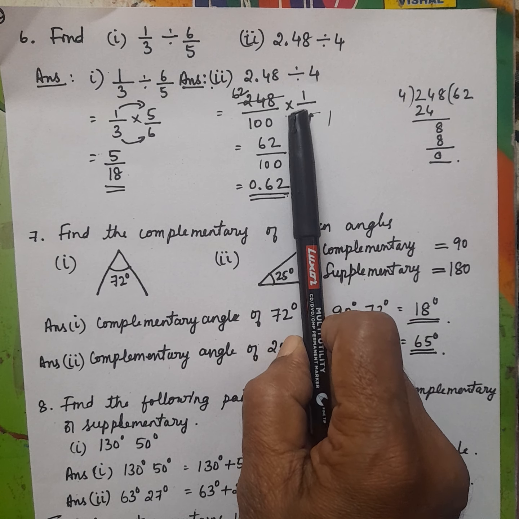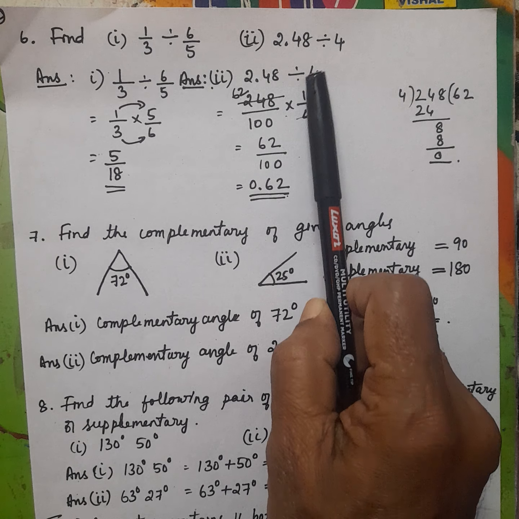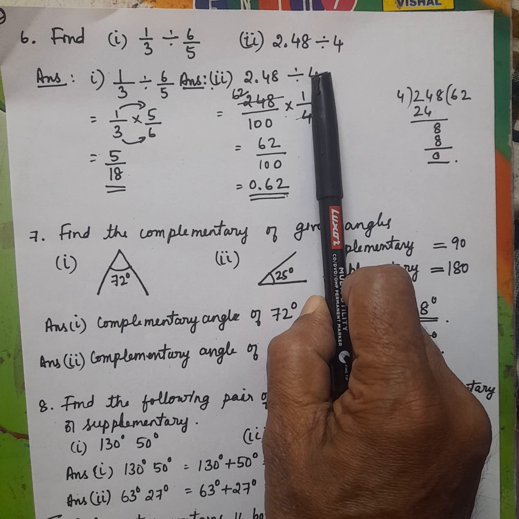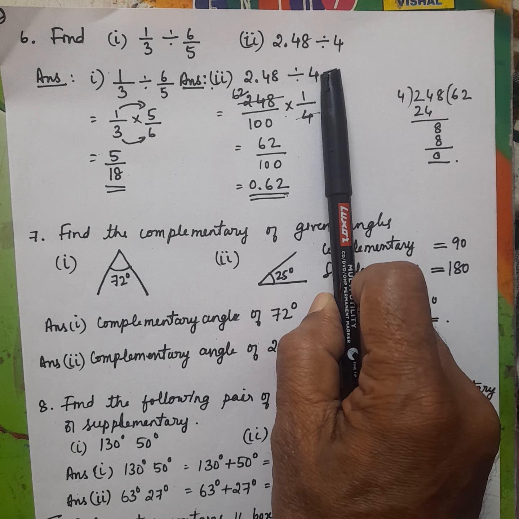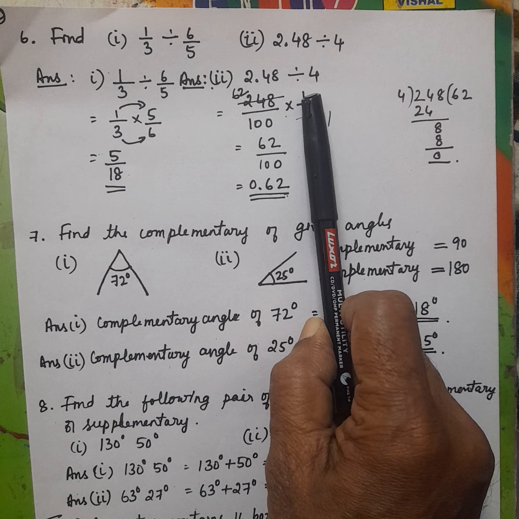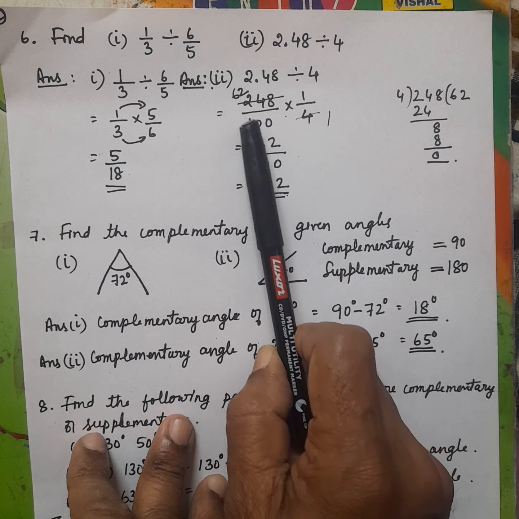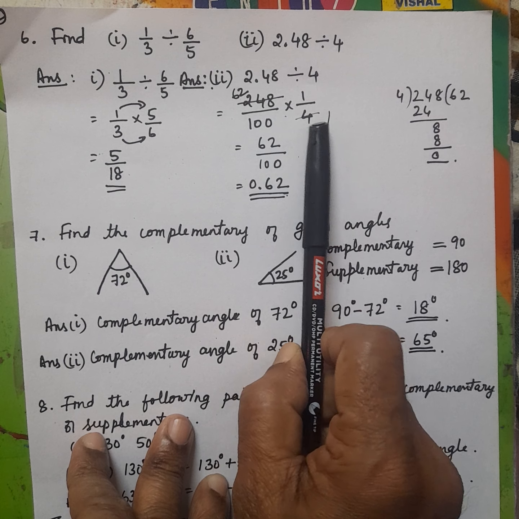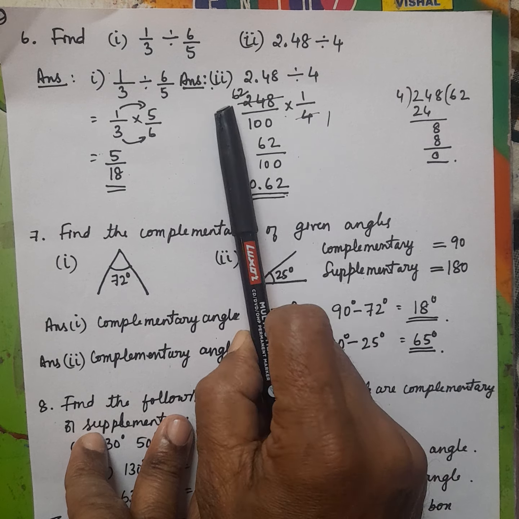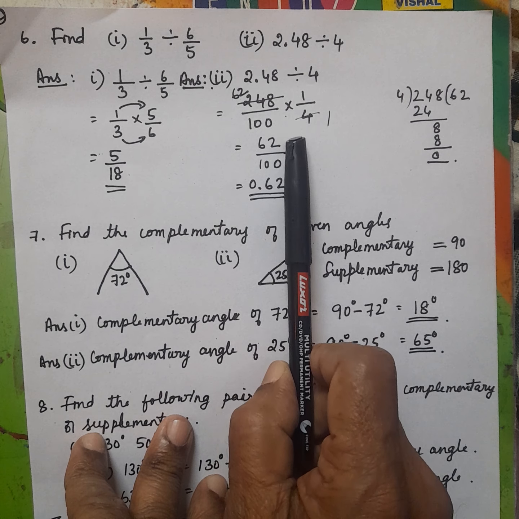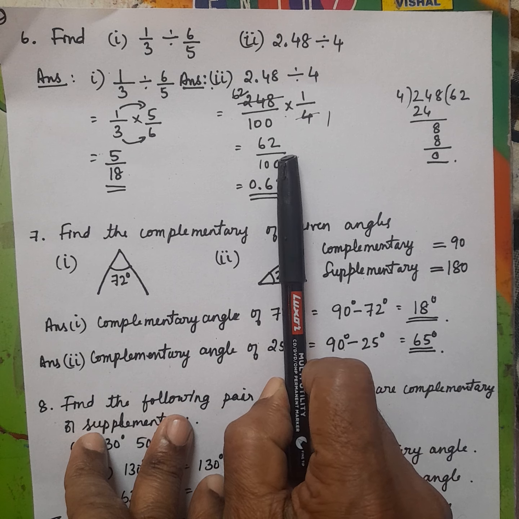If you change this division to multiplication, the numerator becomes the denominator and the denominator becomes the numerator. So 4 will become 1 by 4. Now we can divide 248 by 4, 62 times. 4 sixes are 24, 4 twos are 8. Now 62 into 1 is equal to 62, 100 into 1 is equal to 100.